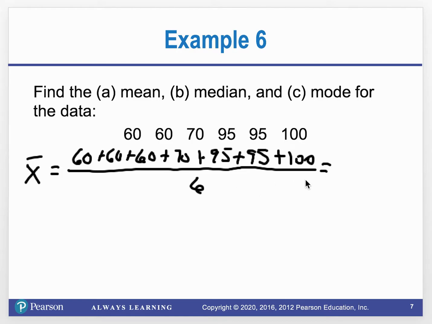So 540 divided by 6, or 90, is the mean.